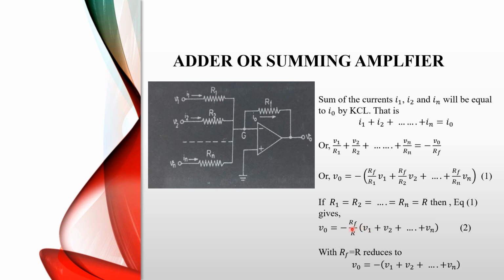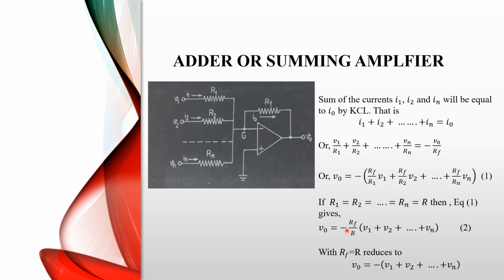If we consider RF value is 10 kilo ohm and R value is 1 kilo ohm, then 10 times amplification is also done from equation 2, and also a negative polarity here we see, because all the voltage is applied at the inverting terminal.